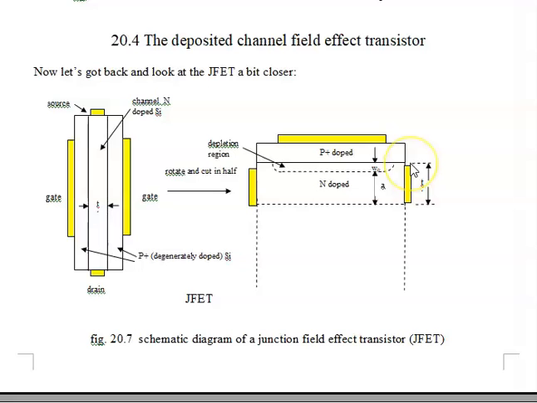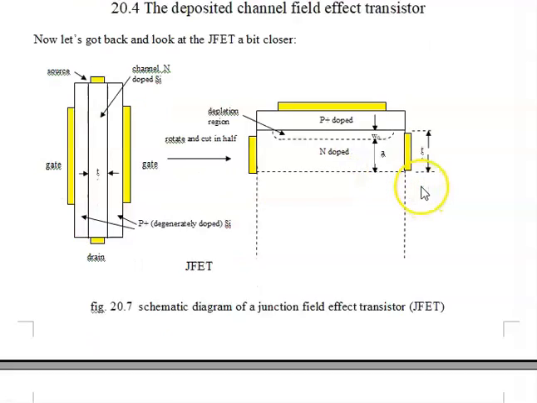So again, we have the deposited, or in this case grown, N-type silicon, and then we have a depletion region, because we always have a depletion region in a p-n junction. So we're going to have a depletion region width, which we call W0, with no gate voltage, and therefore the channel from source to drain is going to be less than T, and A plus W0, of course, is equal to T.